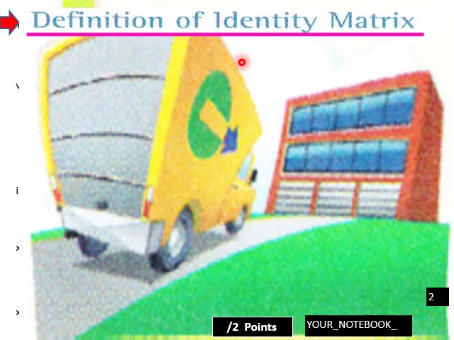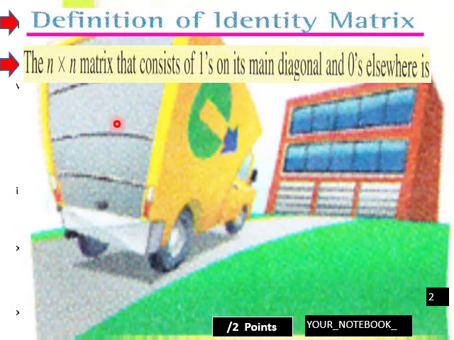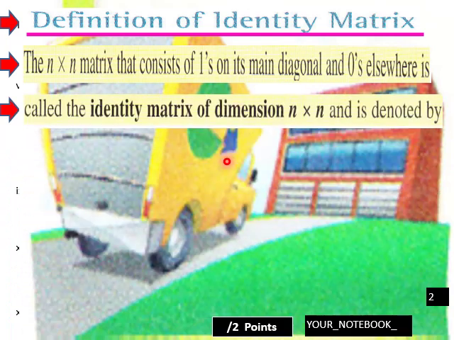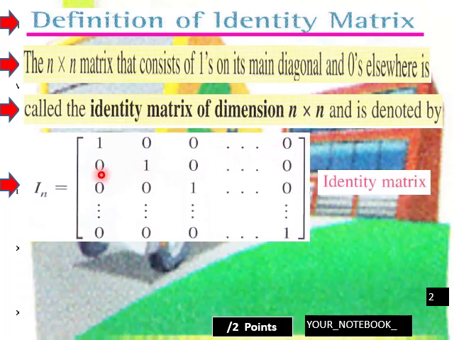So the definition of identity matrix: the n times n matrix that consists of ones on its main diagonal and zeros elsewhere is called the identity matrix of dimension n times n, and is denoted by this kind of matrix here. We have ones on this diagonal and zeros everywhere else.